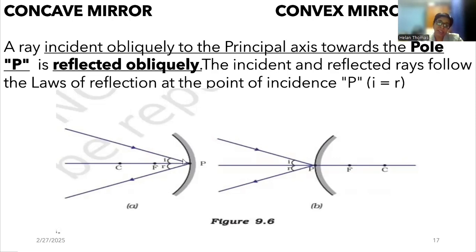The law of reflection says i is equal to r. Here, the principal axis will be the normal, and the ray will go back at the same angle to the other side. So it is reflected obliquely. Likewise, in the convex mirror also, the ray directed to the pole is reflected obliquely towards this side.